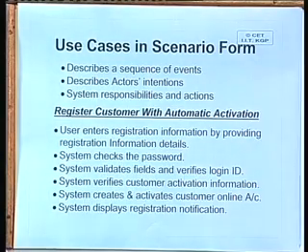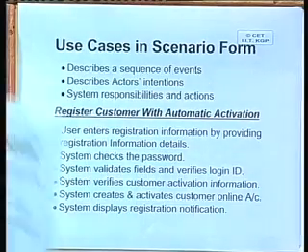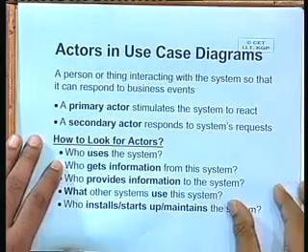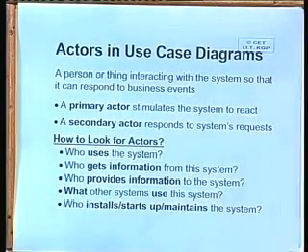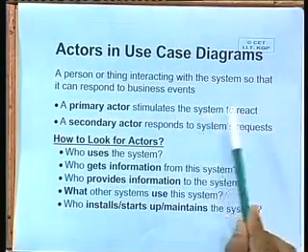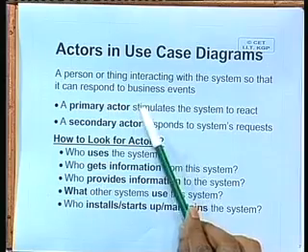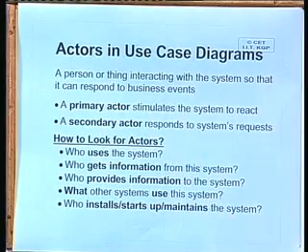That is the idea. I think if I give more examples, you can ask this question once again after we discuss more about the use cases. Maybe when we give one or two examples, we can come back to that. Then about the actors: an actor is a person or a thing interacting with the system so that it can respond to the business events.